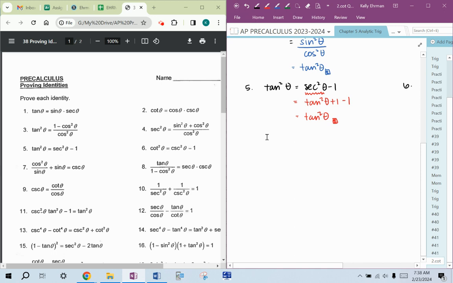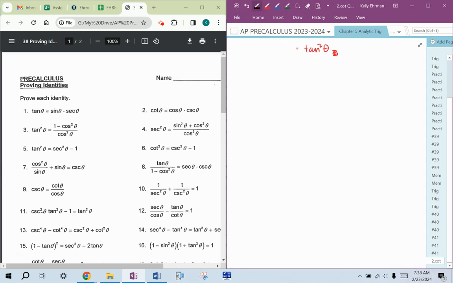For number 7, we have cosine squared theta over sine theta plus sine theta equals cosecant theta. All right, so no identities that I can see.